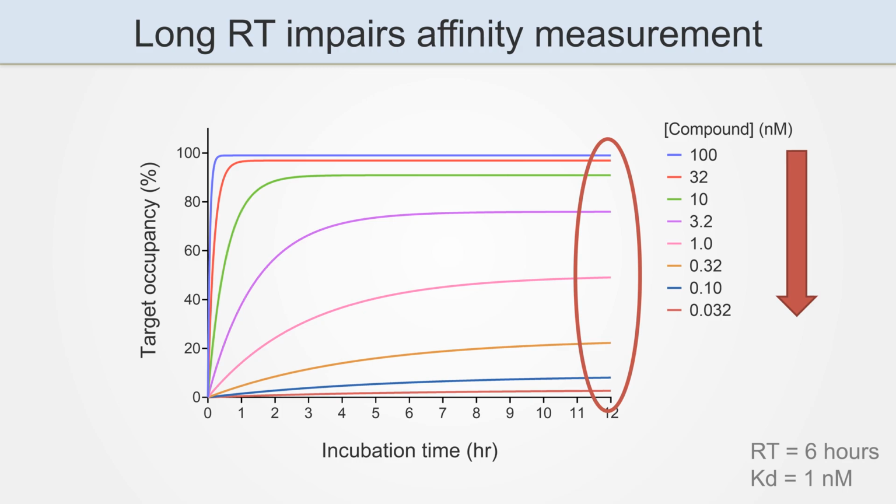The thing to notice here is the time it takes equilibrium to be reached is dependent on the concentration of compound. Equilibrium for the highest concentration, 100 nanomolar in blue here, is reached within a few minutes. By contrast, for the lower concentrations, for example 0.32 nanomolar here, it takes a lot longer. It takes 12 hours for this curve to reach the equilibrium plateau. It is this that distorts the binding curve we saw on the previous slide.